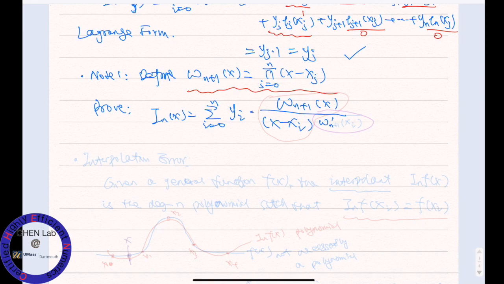You'll see, if you need to evaluate the derivative of that newly defined function, this is omega n plus 1, the same function as above. You take a derivative and then evaluate at xi.